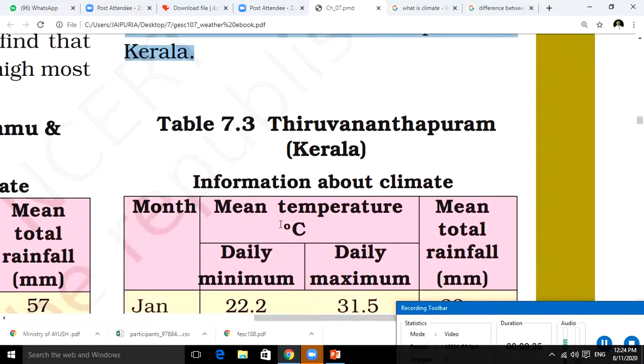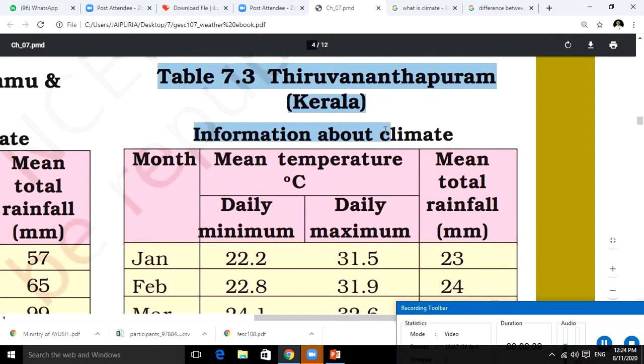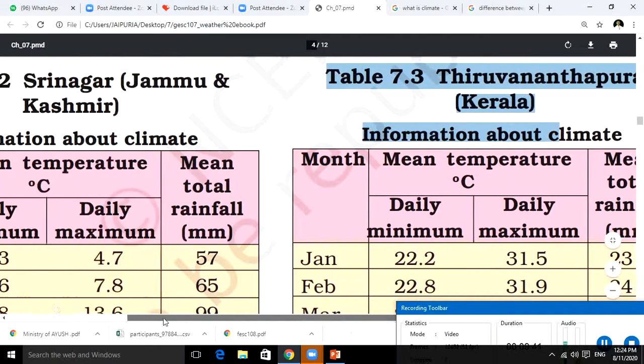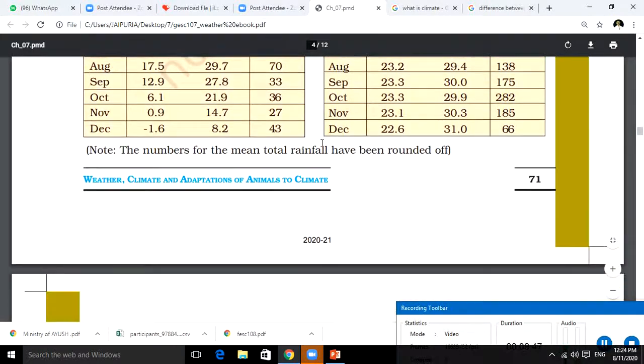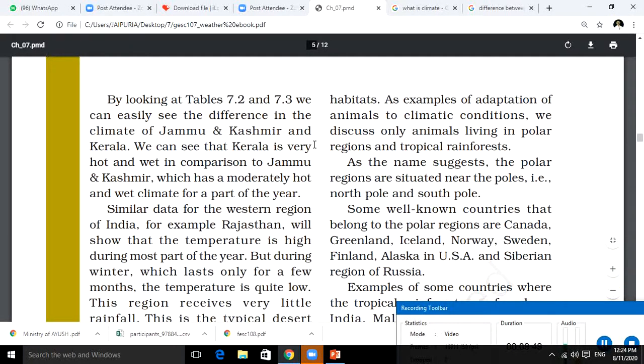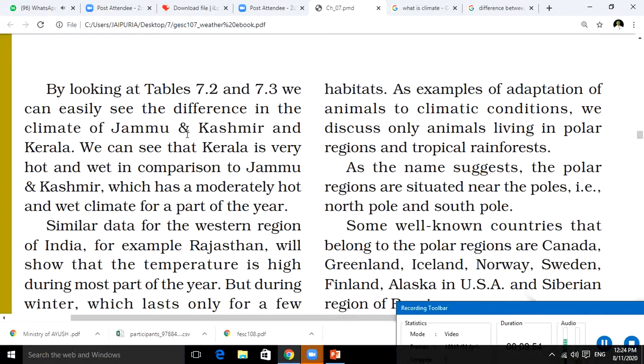You have seen Table 7.3 and Table 7.2, and you can easily find out what the different temperatures are. So students, looking at 7.1 and 7.3, we can easily see a difference in the climate of Jammu and Kashmir and Kerala.